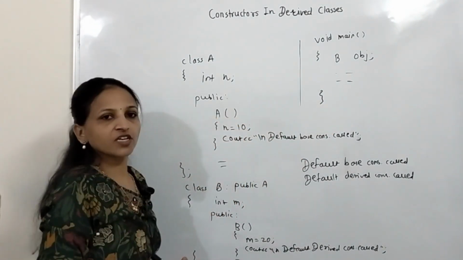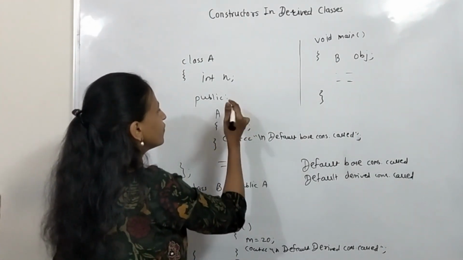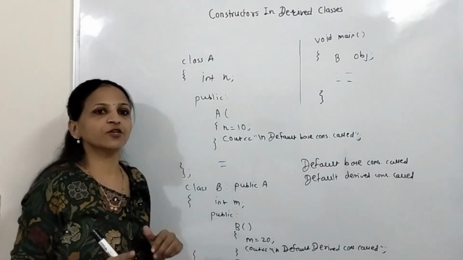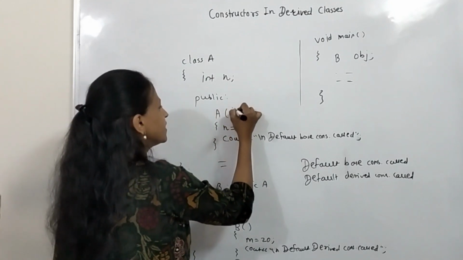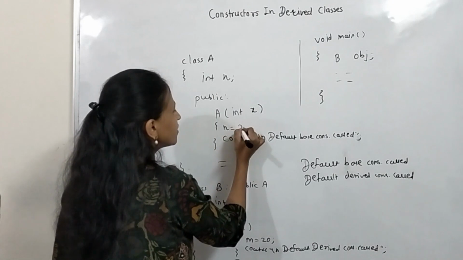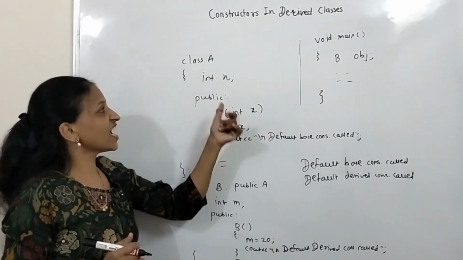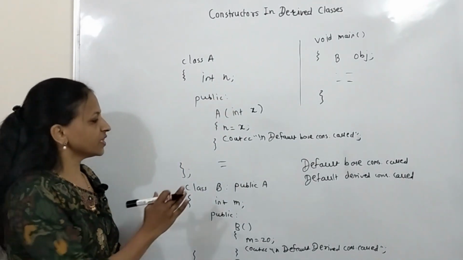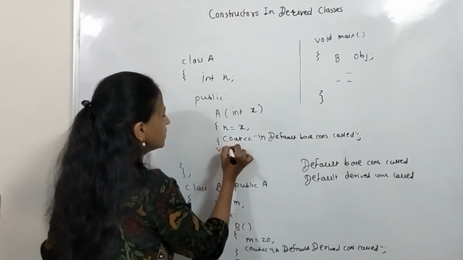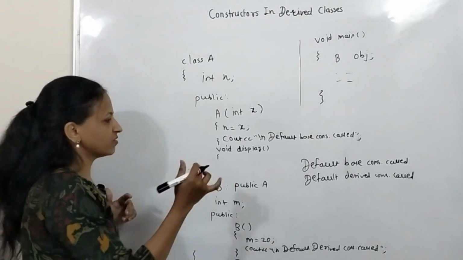This is not a default constructor, this is a parameterized constructor. Now how do we write this one? Here we pass one argument to this constructor, let's say integer x, and here n is equal to x. Whatever integer value is passed, we assign it to the n data member of class A. Now we write the display member function also: void display, which just displays the value of n.